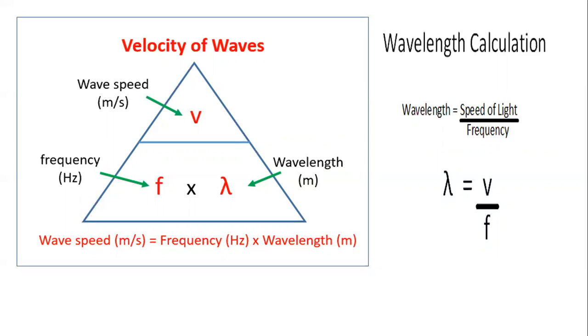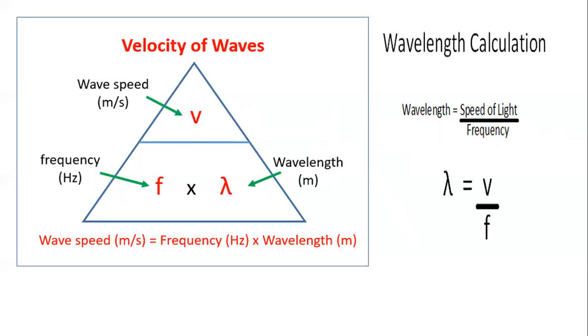The equation for wave speed can be rewritten as frequency equals speed divided by wavelength, or wavelength equals speed divided by frequency. Therefore, if either wavelength or frequency is known, the missing value can be calculated.